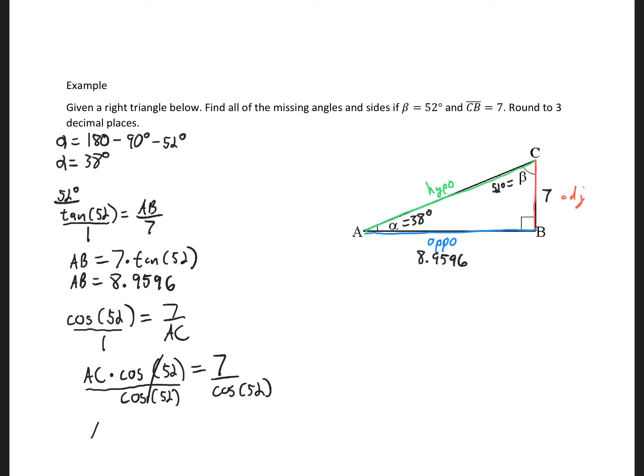So here we get AC equals 7 over cosine of 52. And again, using the graphing calculator, now we're going to do 7 divided by cosine of 52. Into 4 decimal places, we'll get 11.3699. So notice how we used 52 degrees to find those two missing side lengths.